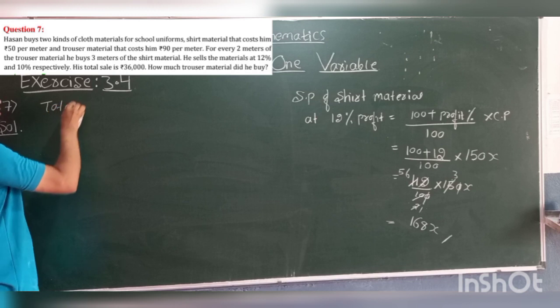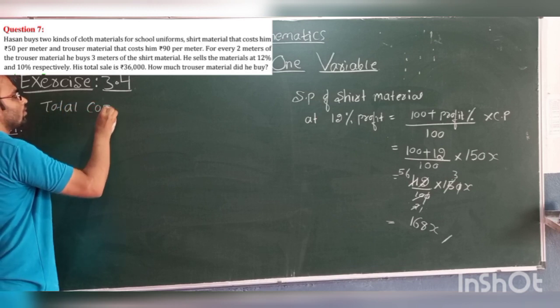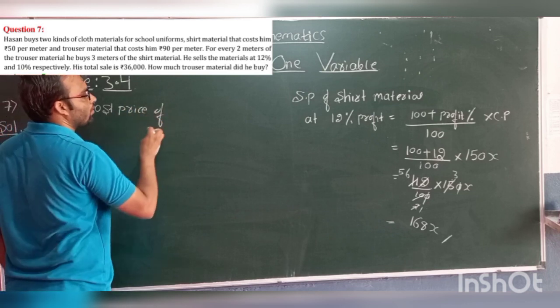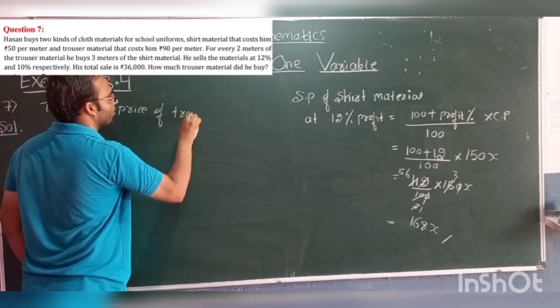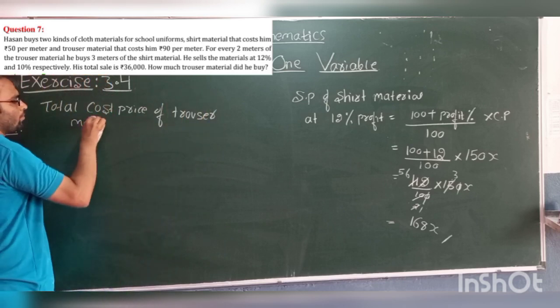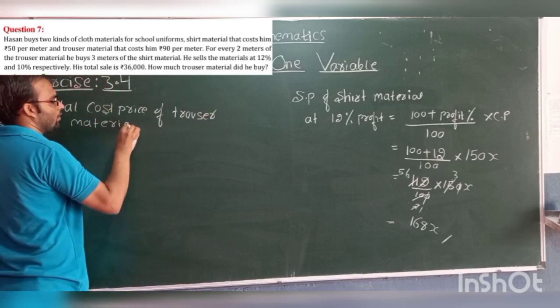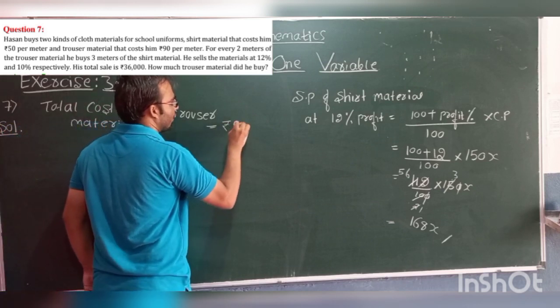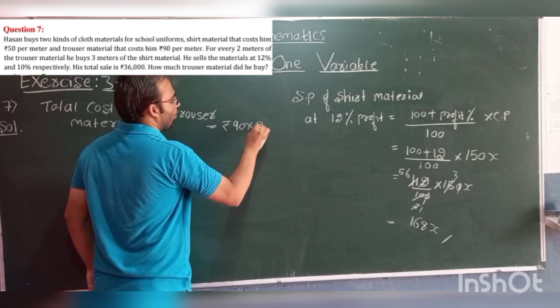Total cost price of trouser material equals rupees 90 into 2x.